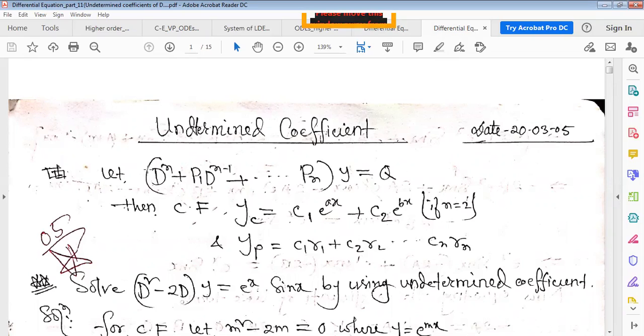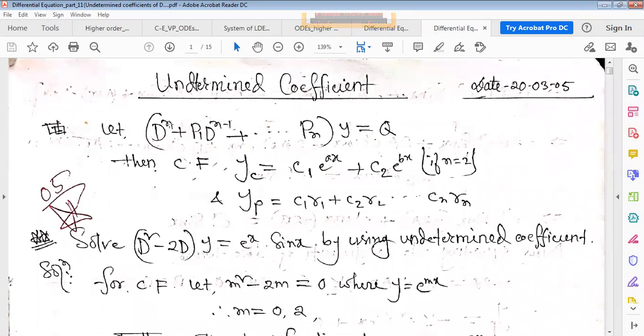Okay, now the undetermined coefficient method. What will be the undetermined coefficient method? This is actually for nth order differential equations, and the complementary function can be written as yc equals to c1 e to the power ax plus c2 e to the power bx if n equals to 2. That means second order.